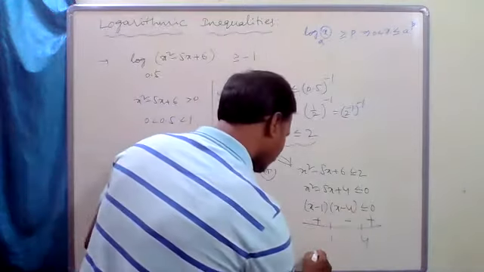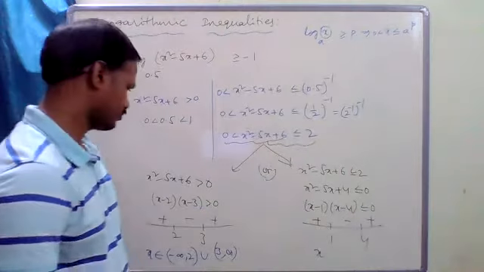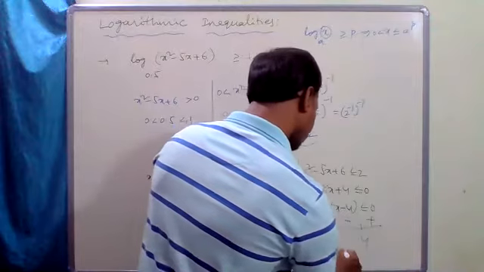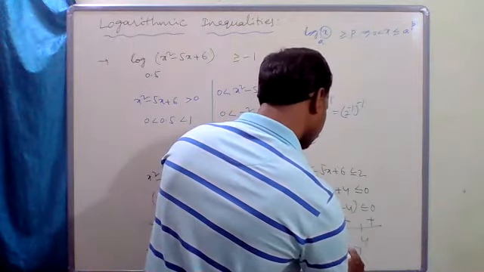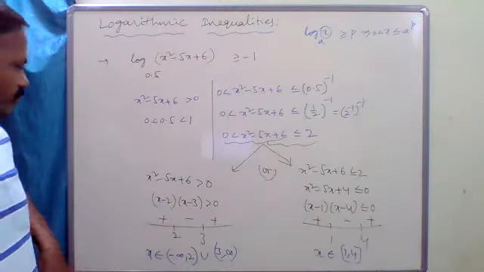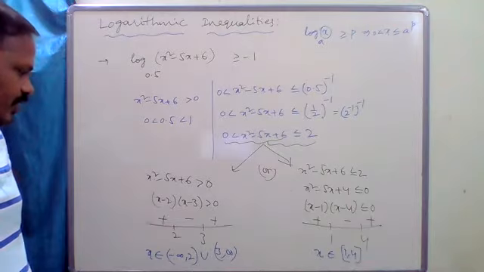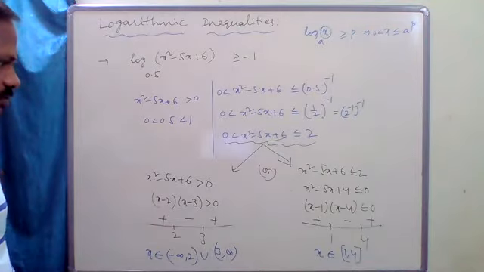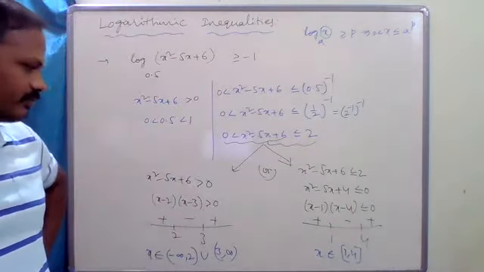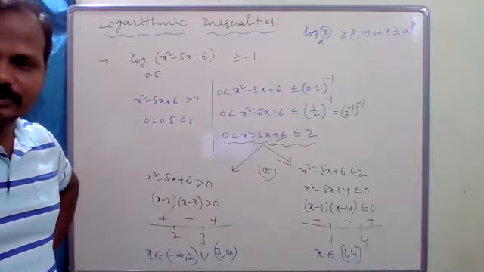Now coming to here, x belongs to, for negative, 1 to 4. So we have to take the intersection. Which one do we have to take?